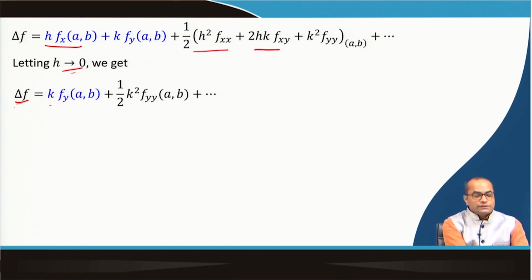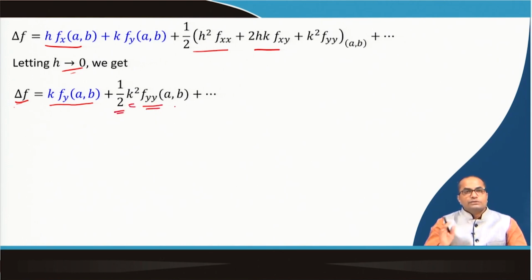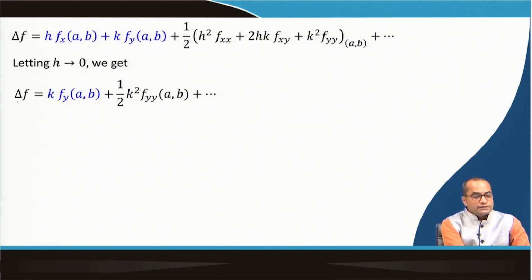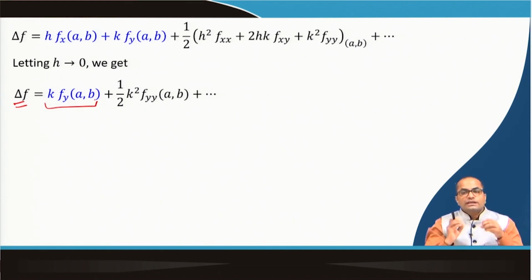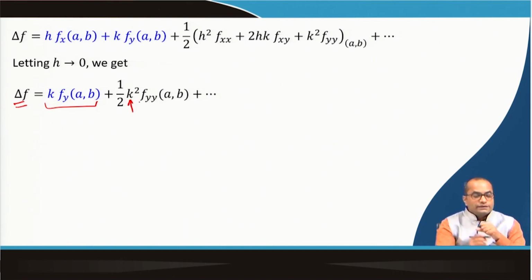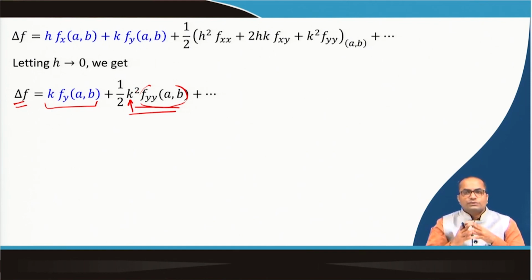So, we have this first order term k f_y, and then we have half k square f_yy at the point (a, b) and so on, some more terms. Again the same argument: the sign of this delta f will depend on the first term, because this is a linear term and here we have the quadratic term. For very small k, this is going to be very, very small, it does not matter how large your f_yy is. Accordingly, you have to choose a smaller k.